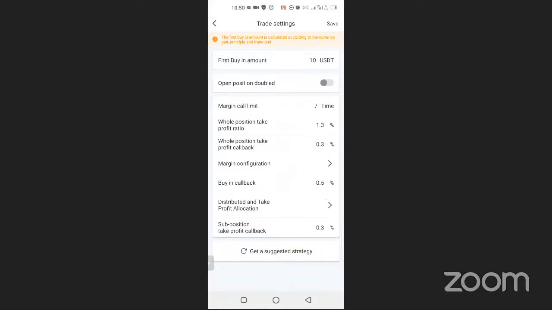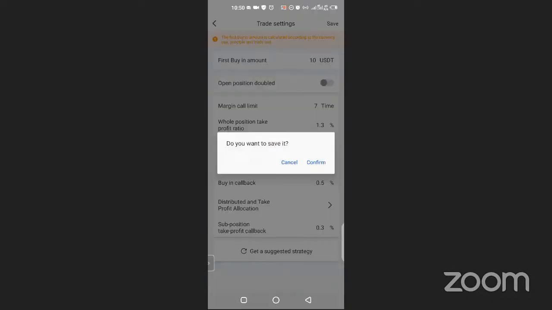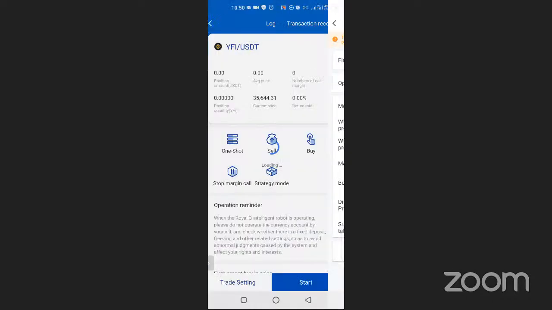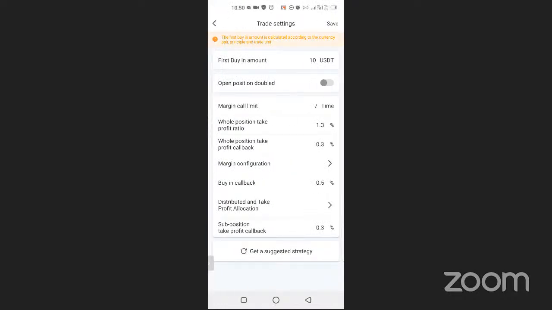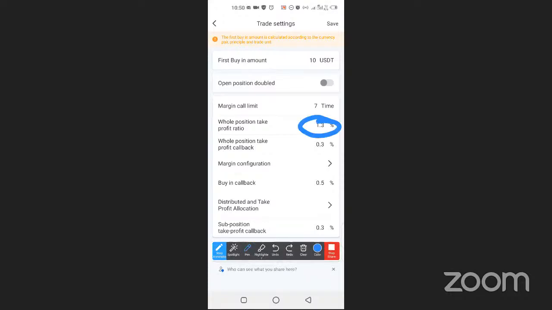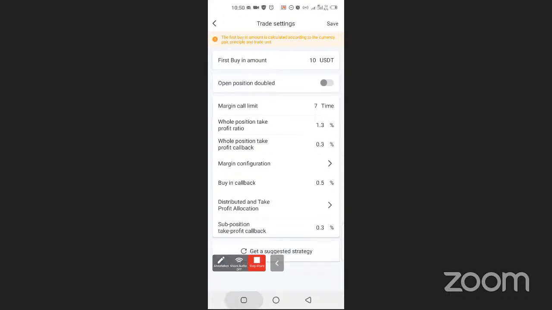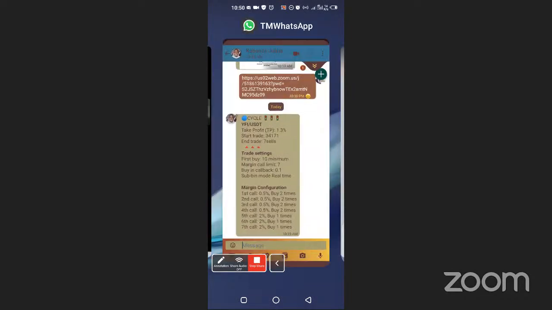So I come back here. You see, here, please set up the trade settings first, okay? So I come back here, right? Whole take profit ratio, they say I need to set this first. Now I did, that is 1.3 done.